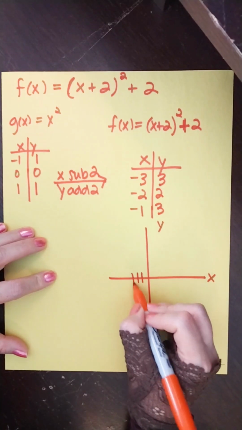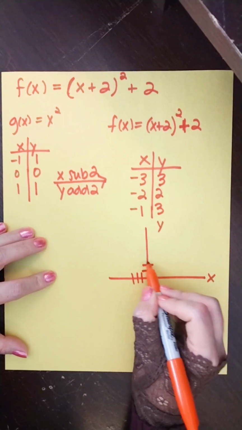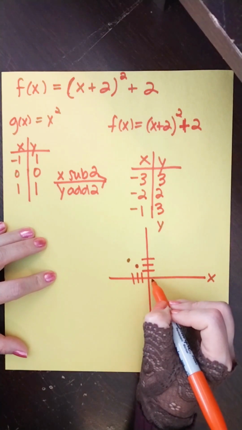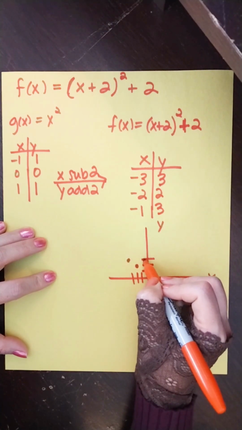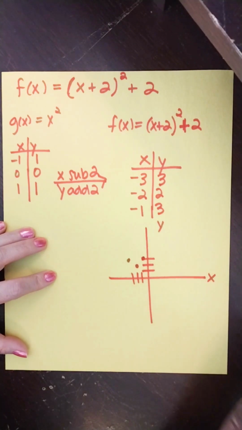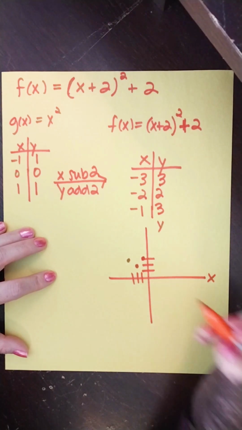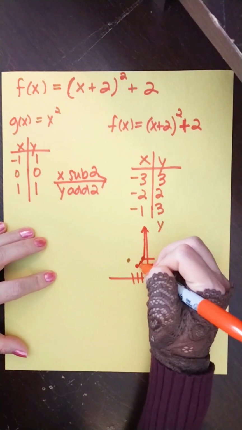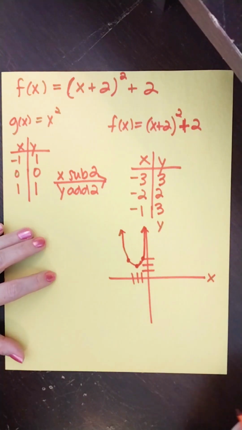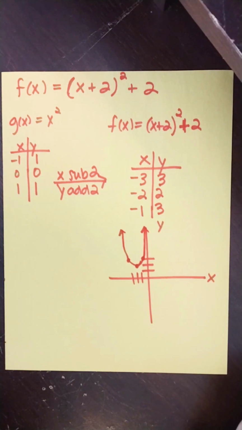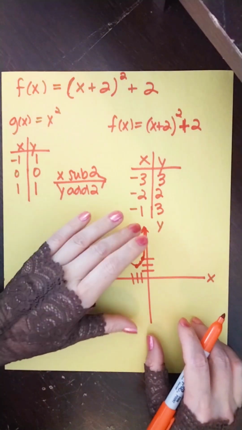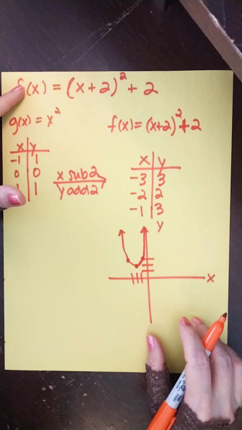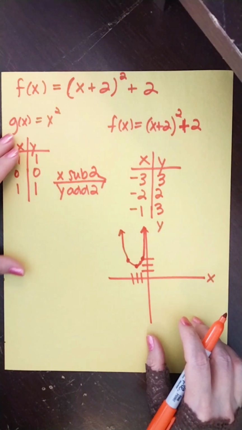So -3, 3, -2, 2, and -1, 3. Okay, so we do know that with the square function, the dots connect like this in a parabola. And that's it, you're done. So this is the graph of this function here using transformations.